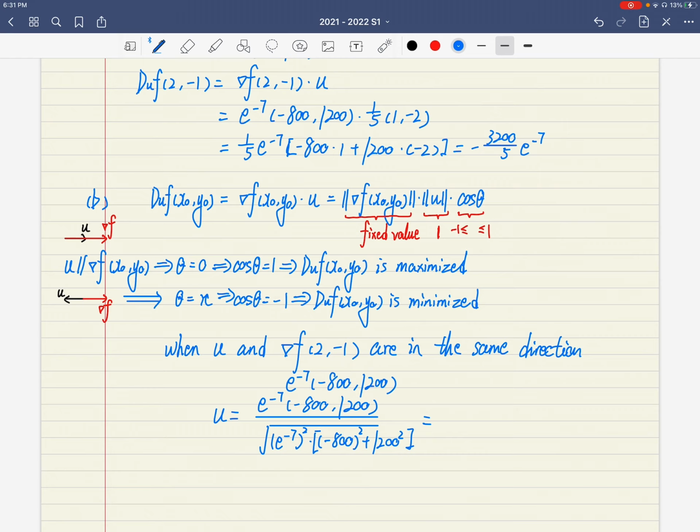So when it's along this direction, it is the smallest.